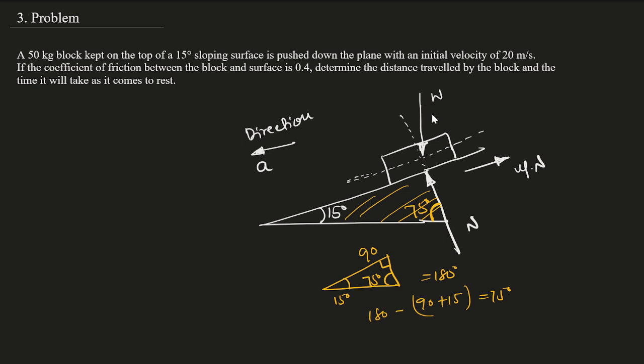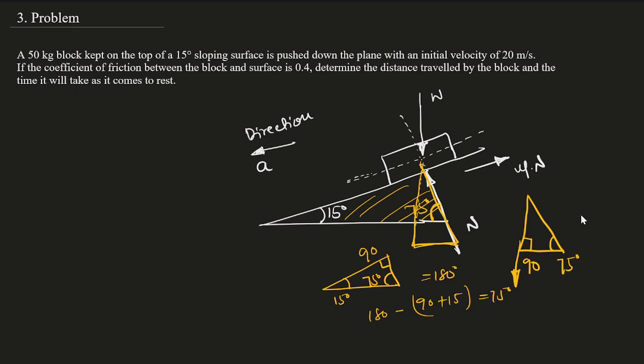Now I'm going to extend this triangle as well, so I can draw one small triangle. We know this is the weight acting downward, so this will be 90 degree, this is 90 degree, and this is 75 degree.